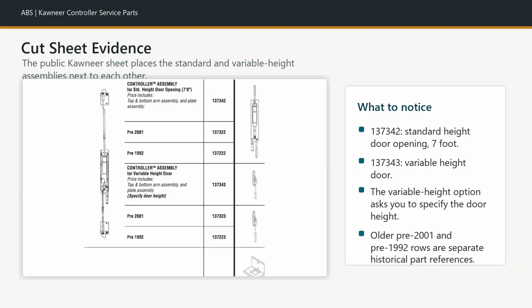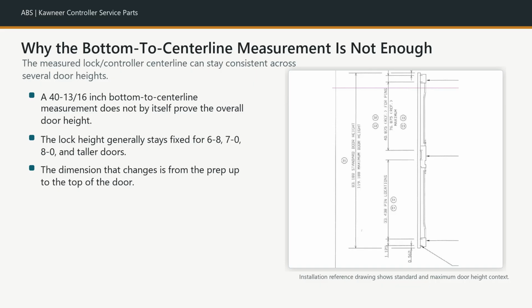So the 342. I had my tech measure from the bottom to the center line, and it's 40 13/16. Well, that's fine, but that's probably going to be the same height on every 6/8, 7/0, 8/0, 9/0, 100-foot tall door. When you're measuring off the bottom, that's going to be consistent.